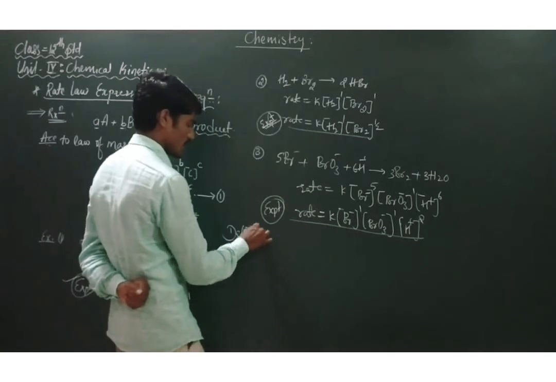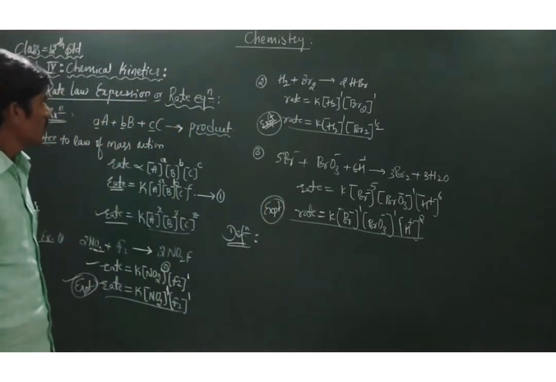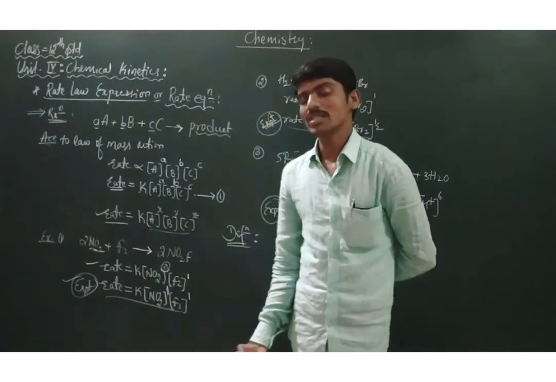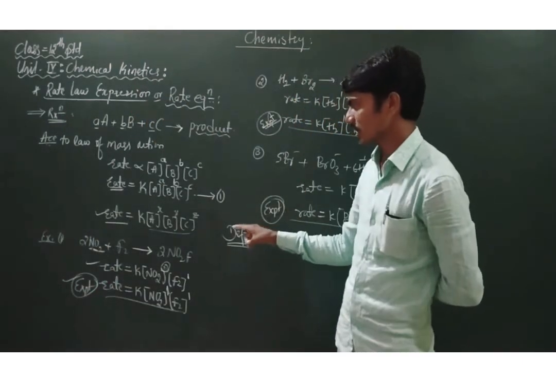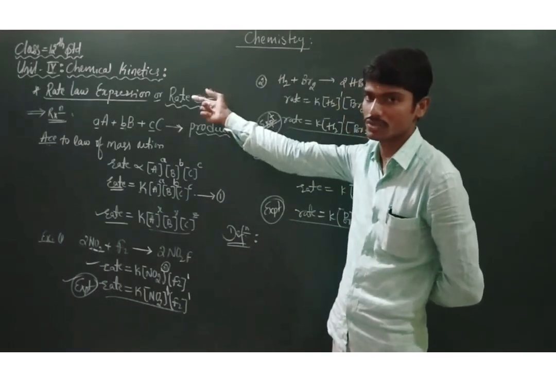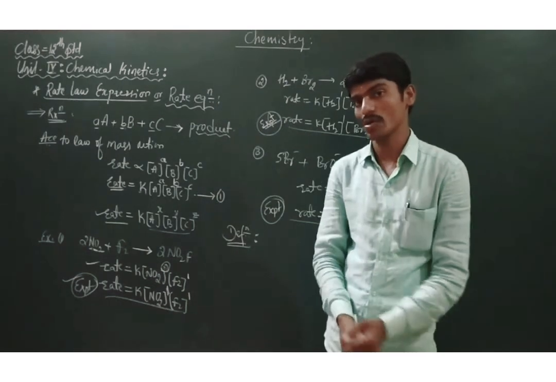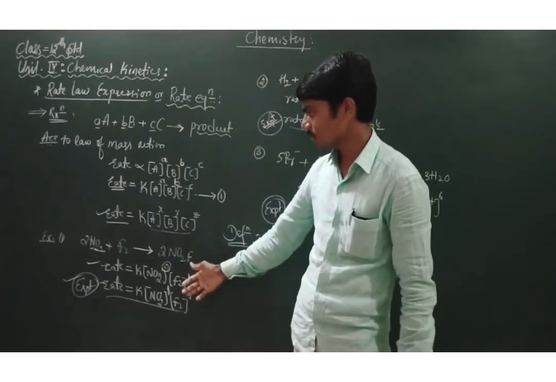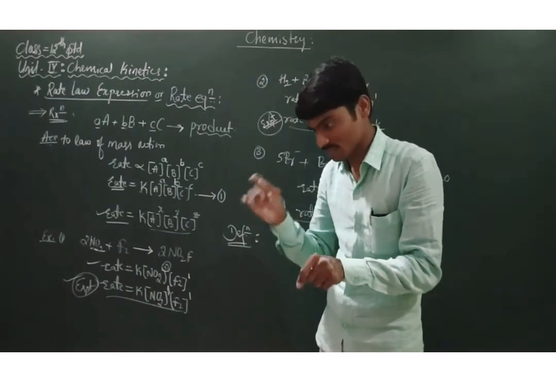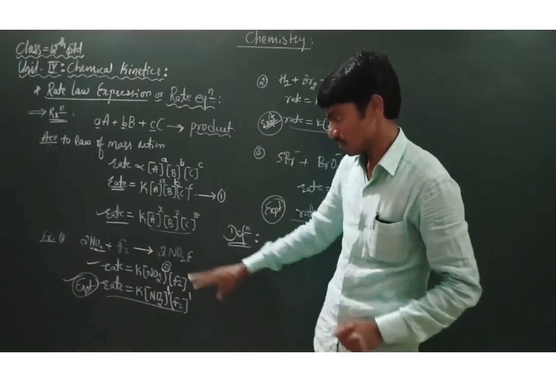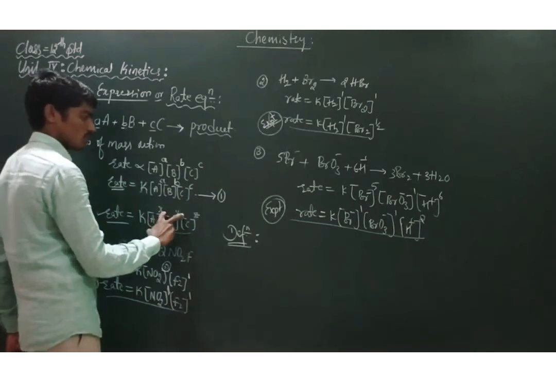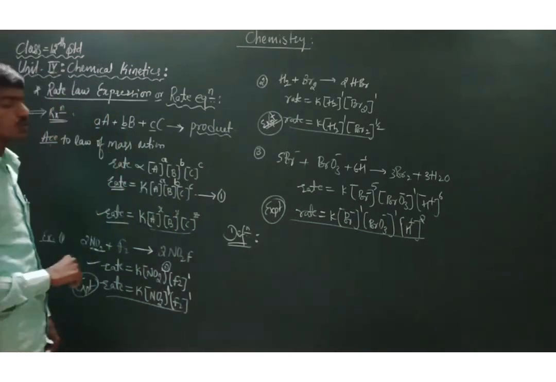Rate law or rate equation is defined as the quantitative relation between the rate of a reaction in terms of concentration of reactants, with each term raised to some powers which may or may not be equal to the stoichiometric coefficient.